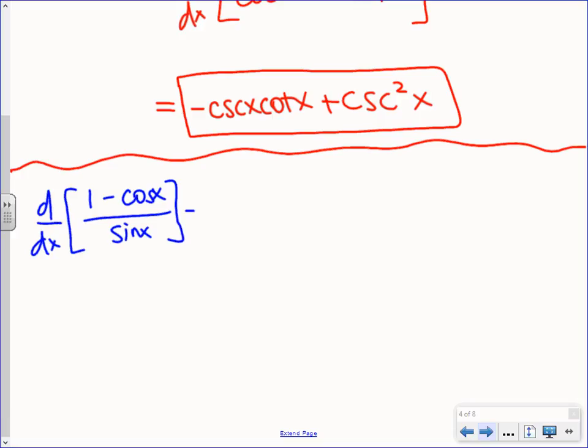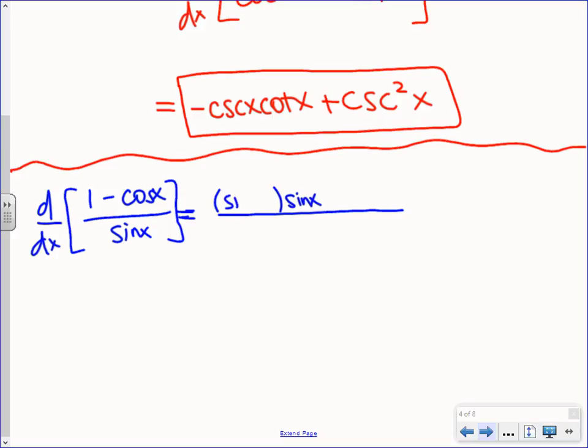Okay, so our quotient rule. Low D high. What's the derivative of our numerator? What's the derivative of 1? 0. What's the derivative of negative cosine?